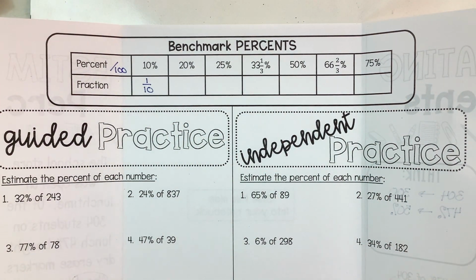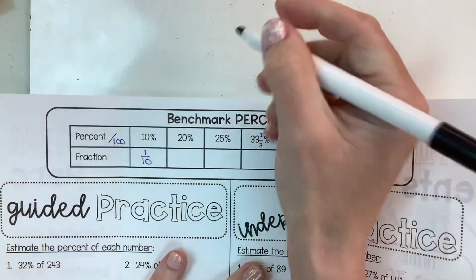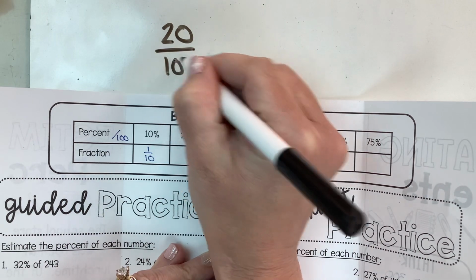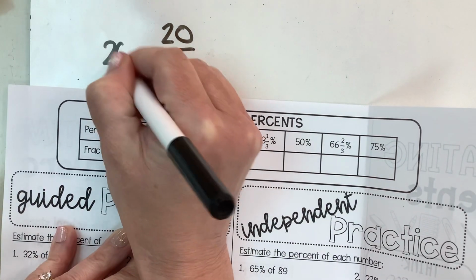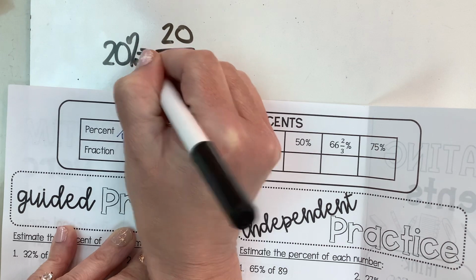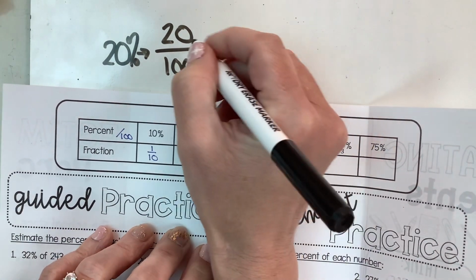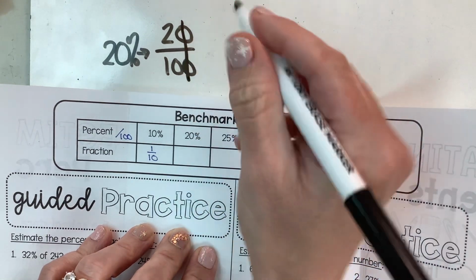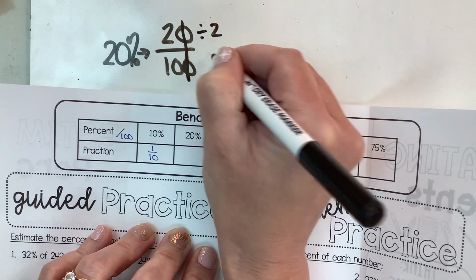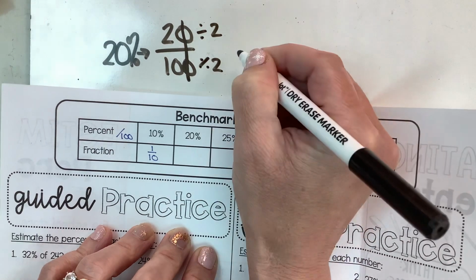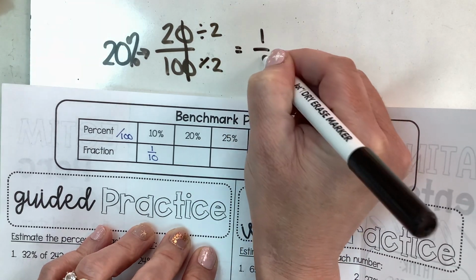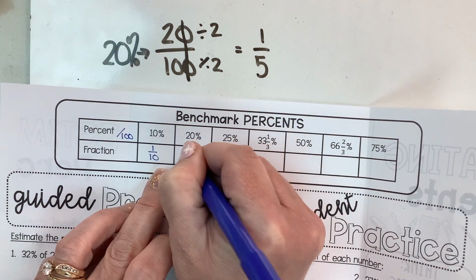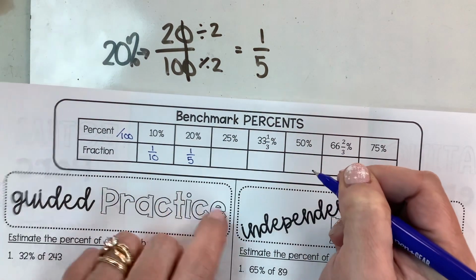I have my whiteboard here so we can look at this. So 20 over 100, okay, so 20% we know means to put it over 100, and then we can reduce this. So we could go ahead and get rid of those zeros. And then we could divide by 2, okay? And that would give us 1 over 5. So our benchmark percent, we could use 1/5.